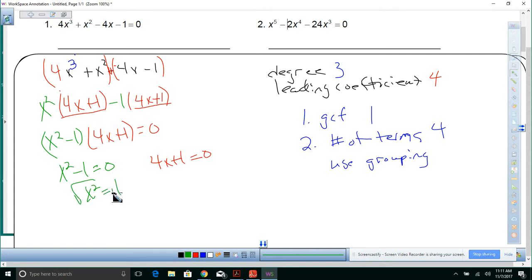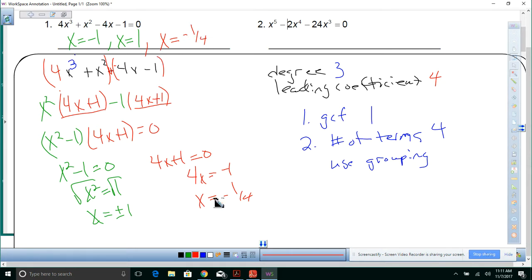We'll take the square root of both sides, and you got x equals plus or minus 1. So x equals negative 1, x equals 1. Over here, we subtract 1 from both sides, and you got 4x equals negative 1. Divide both sides by 4, and you got x equals negative 1/4. So those are the 3 solutions.